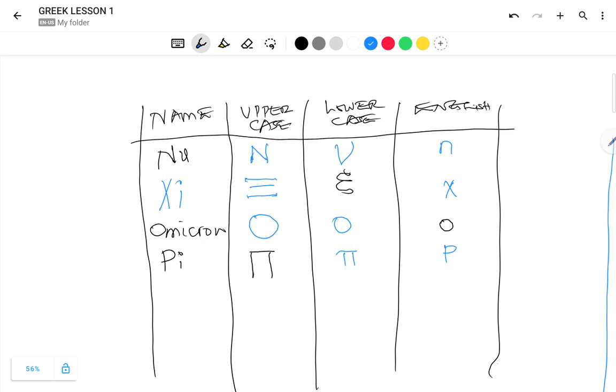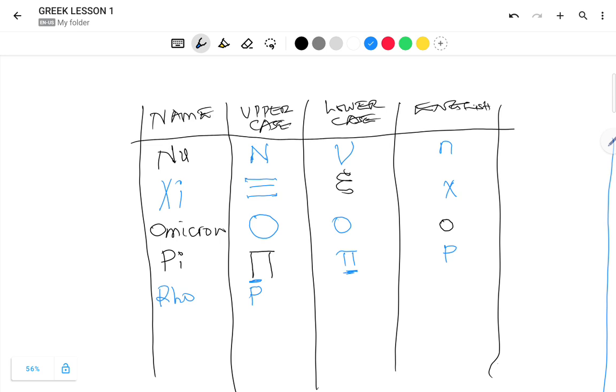Now, the next, which I wanted to talk about, is rho. Now, rho is very, very different. When you find this letter that looks like a P in Greek, that is actually not a P. Remember, the equivalent to the English P is actually written like this. You notice?